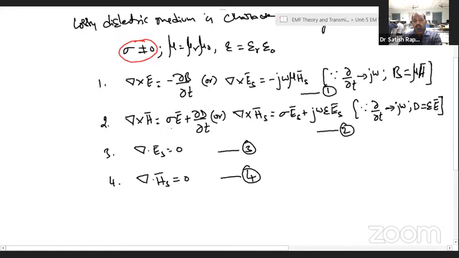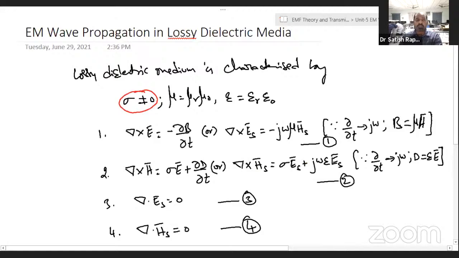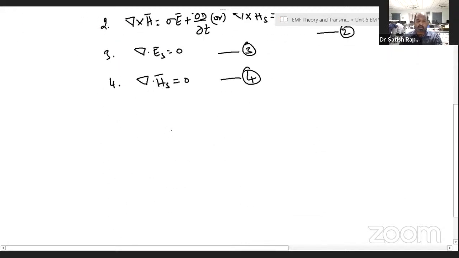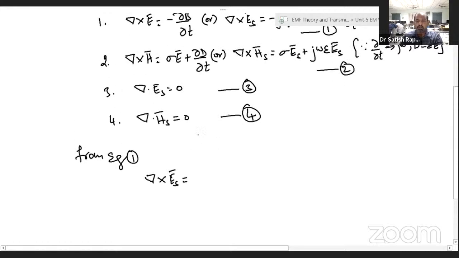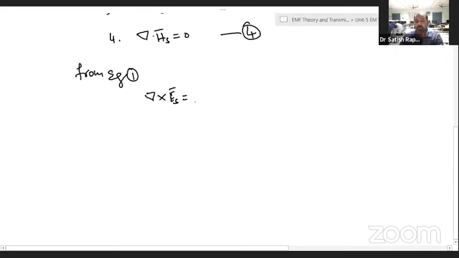So these are the four Maxwell's equations for lossy dielectric media. Let us follow the same procedure. From equation 1, del cross Es bar is equal to minus j omega mu Hs bar.